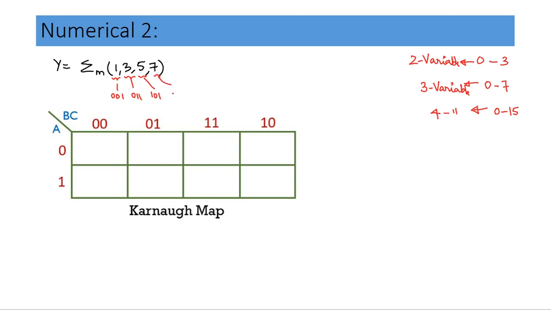And 7 is equivalent to 1, 1, 1. So I have 1 here, 0, 1, 1, 1, 0, 1 and 1, 1, 1.